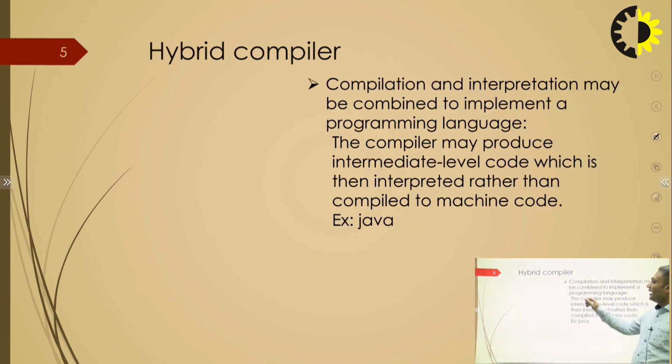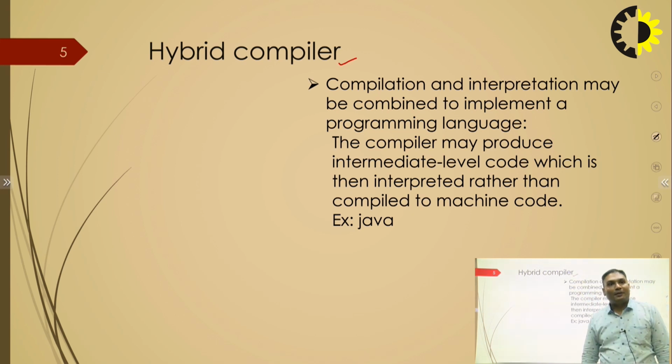There exist some hybrid compilers as well, which are a combination of interpreter plus compiler. So compilation and interpretation may be combined to implement a programming language, and the compiler may produce intermediate level code which is then interpreted rather than compiled to machine code.